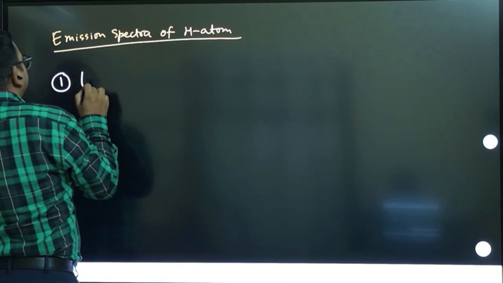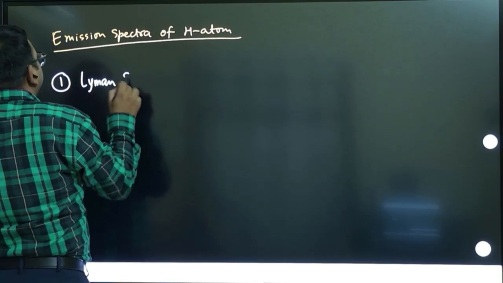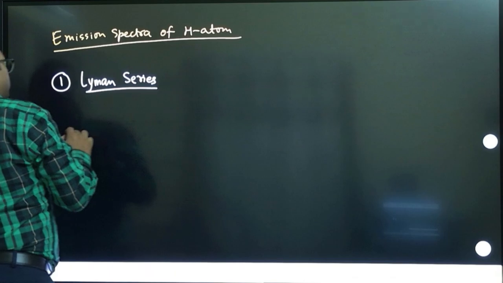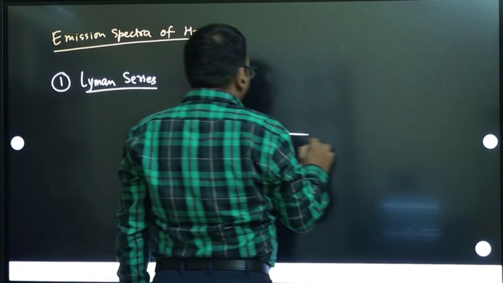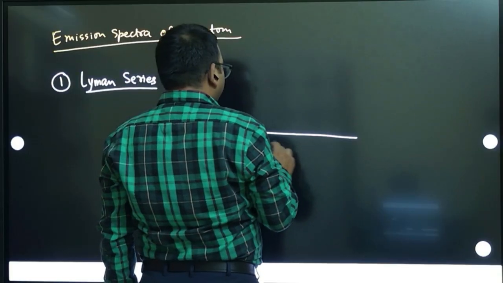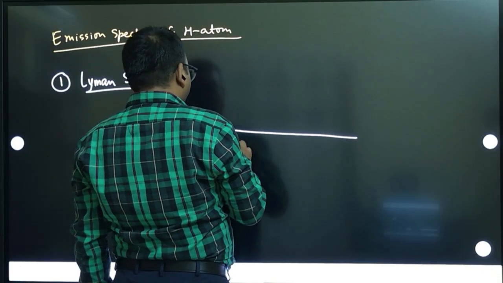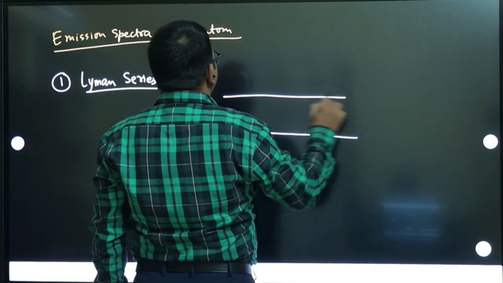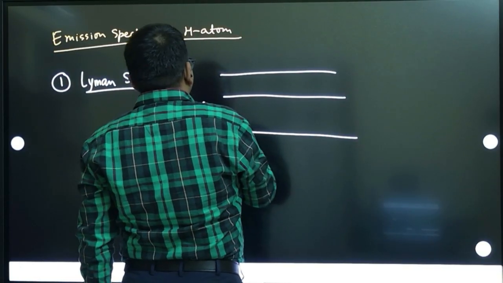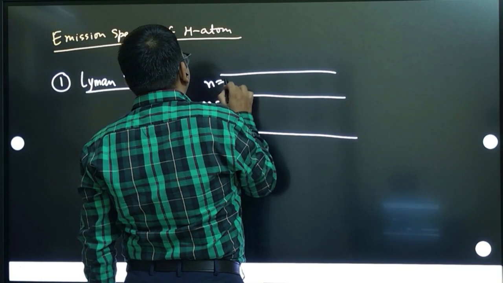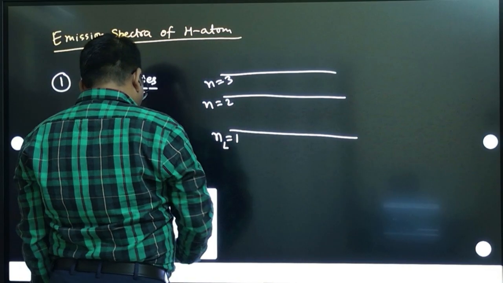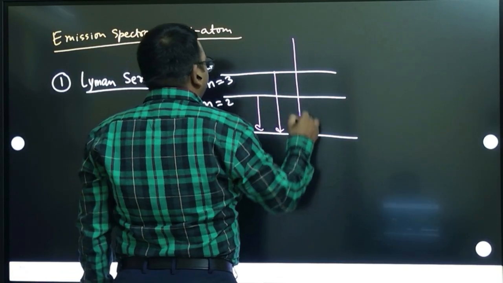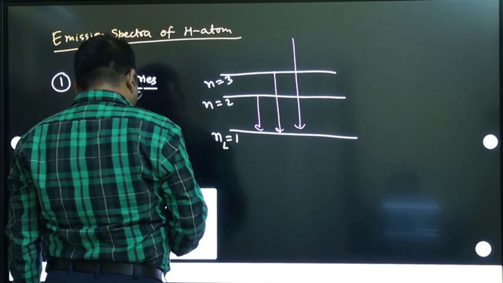First is called the Lyman series. What is the Lyman series? That means electrons will be jumping to the ground state, n equal to 1. Lower will be 1, higher can be anything, n equal to 2, n equal to 3. The electron can jump from anywhere higher, but the final will be lower only.